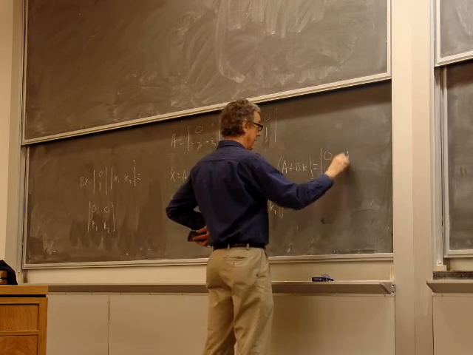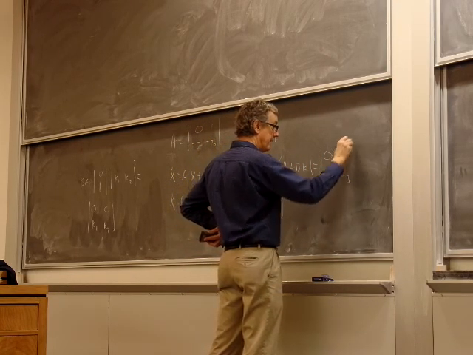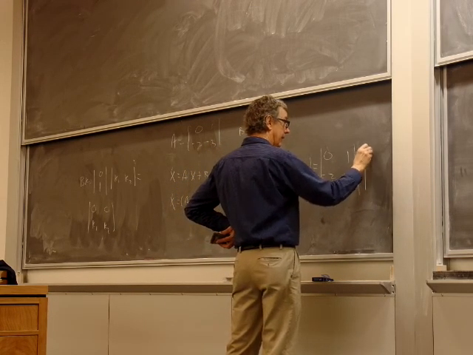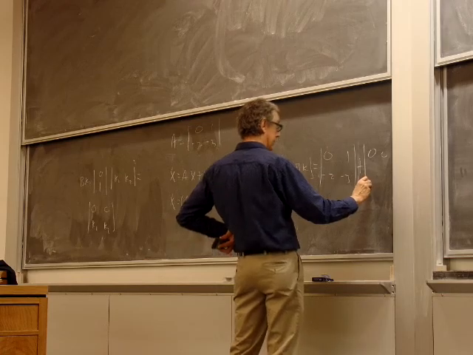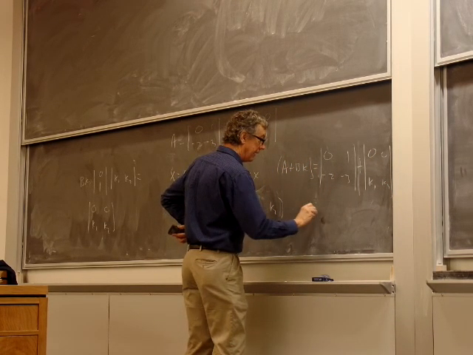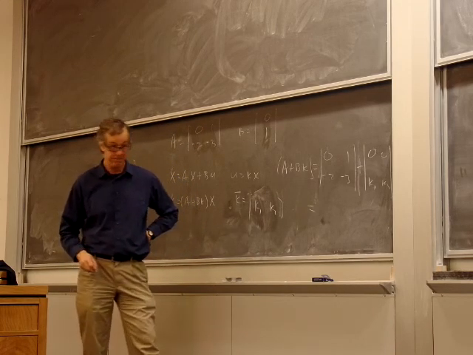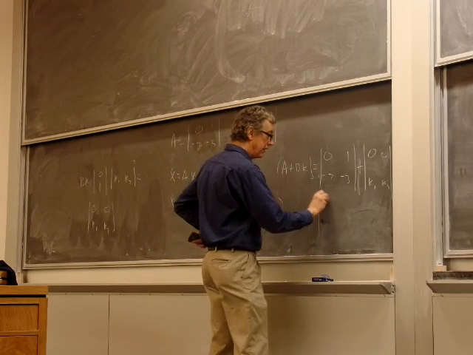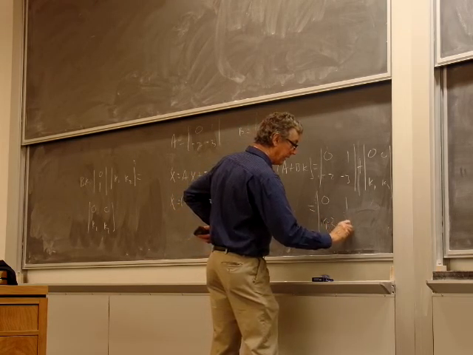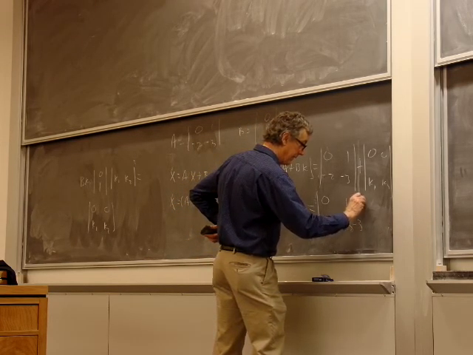Here's my matrix, plus 0, 0, K1, K2. Equal what? 0, 1, K1 minus 2, K2 minus 3. Right?